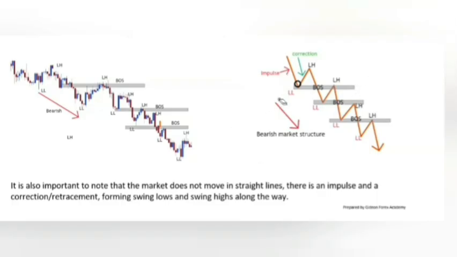So in the bearish market structure, you are looking for this retracement back here to form lower highs or a swing high, and then you can consider selling because now you have got a good, high price to sell at. You don't typically sell here, you sell at the swing high.